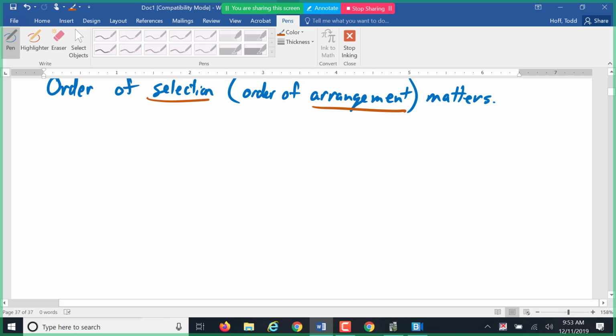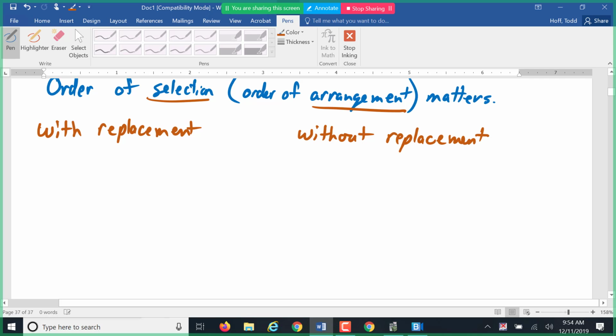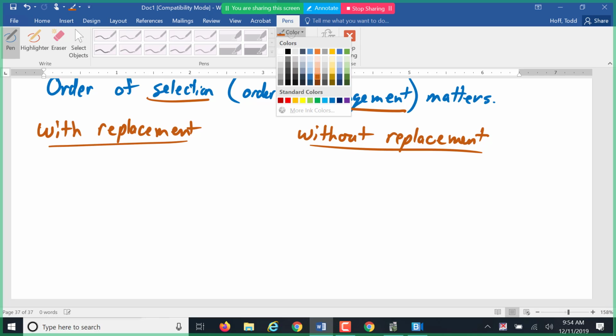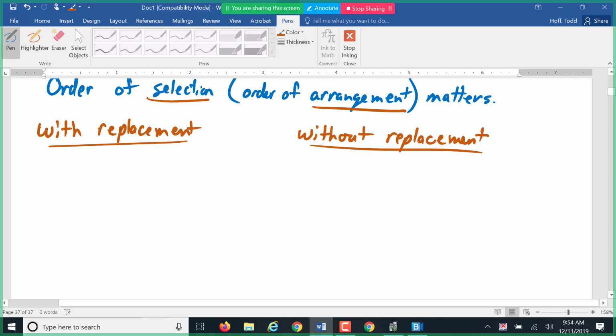Now for a permutation, we're going to define something called with replacement. And without replacement. And we'll talk about this a little bit more when we get to our probability section coming up.